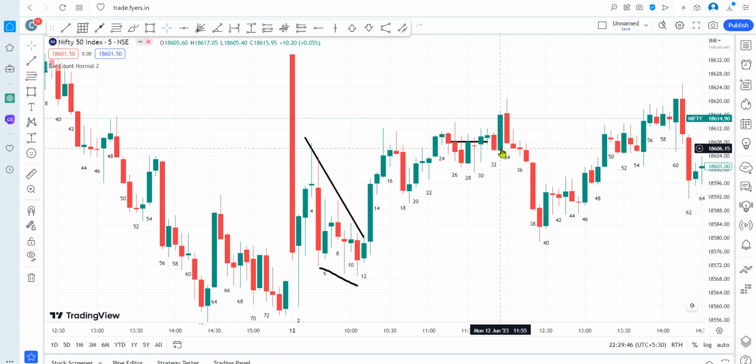So the 33rd candle, which is a big green candle, can be considered the exhaustion move of the buyers' channel. So you sell on close.